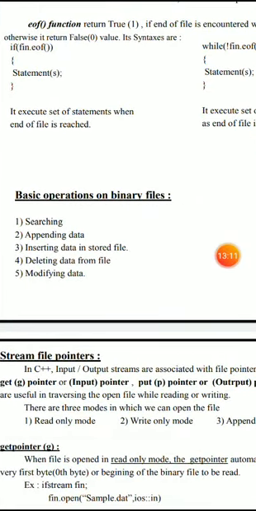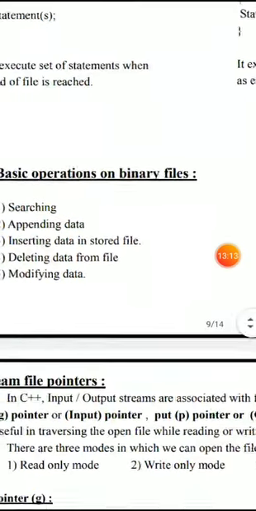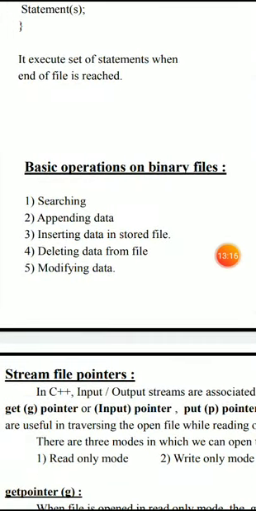Certain basic operations we can perform over files. The basic operations on binary files are searching, appending data, inserting data in the stored file, deleting data from the file, and modifying data. Searching is the process of searching for suitable information in the file. Appending means, for example, if a part of a program is entered at one time, later on if you want to continue editing the same program, you can open the file and, from the end of the file, continue editing the next part of the program.